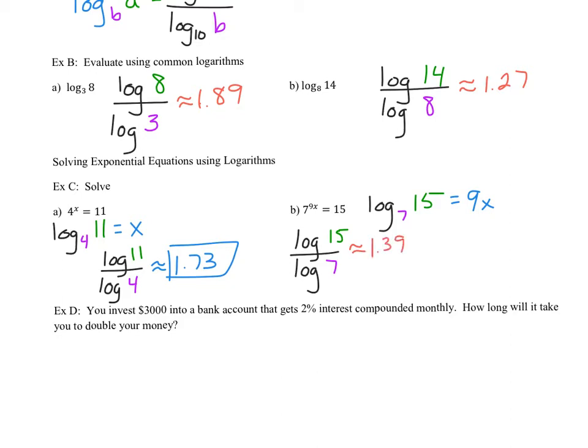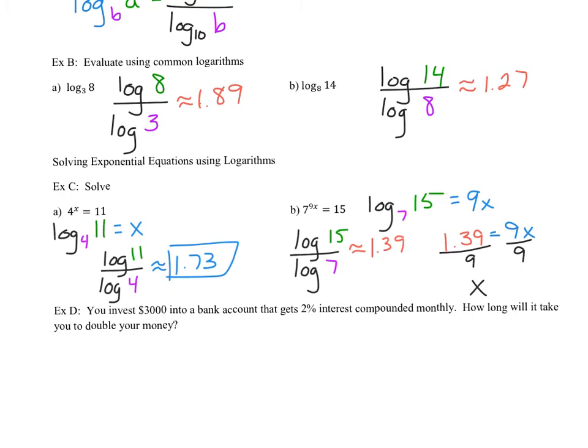Okay, so I'm going to take that and set it equal to 9x, because this log base 7 of 15 is now 1.39, right? And I want to set it equal to 9x. So how do I get x by itself? Well, we divide by 9, right?